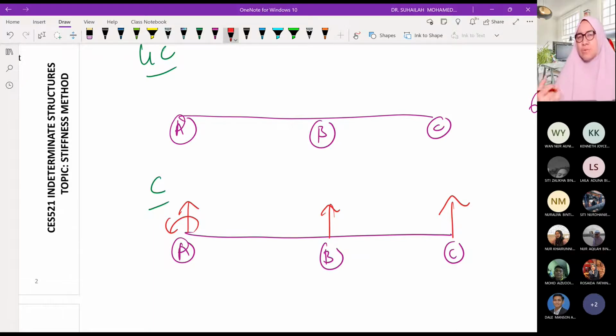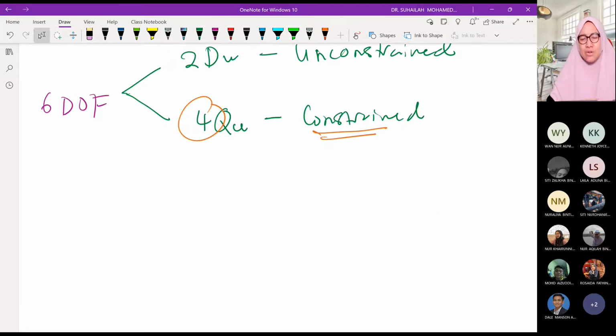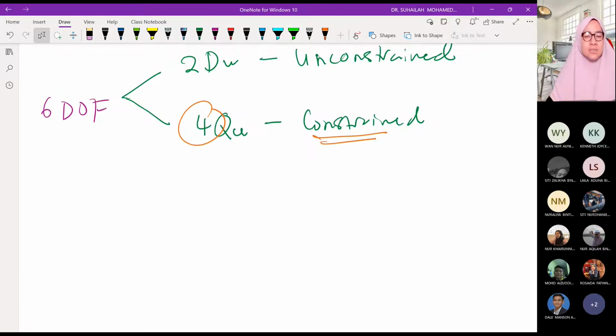At A, we don't count 3 because we don't have to consider the X component in a beam. So we have 2 only. So it is 2, 1, 1. Total, there are 4 unknown reactions in the constrained system.